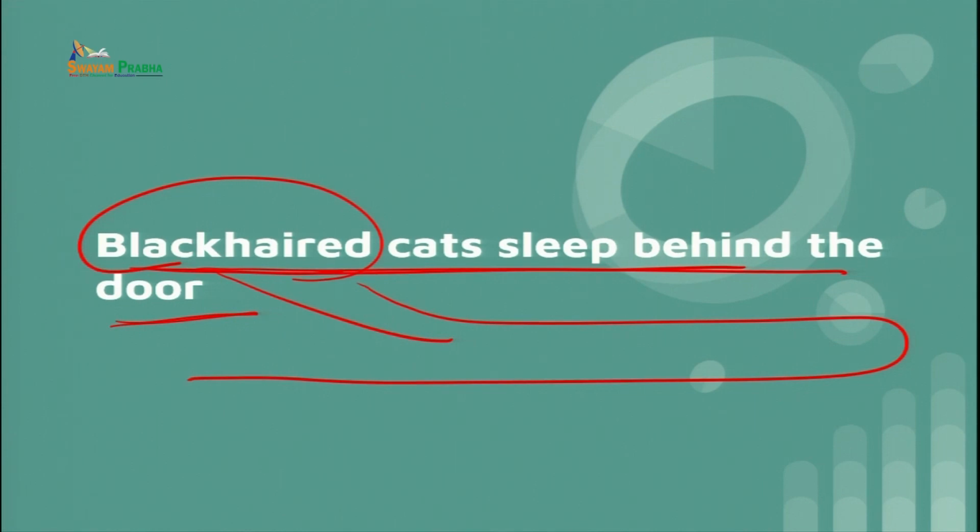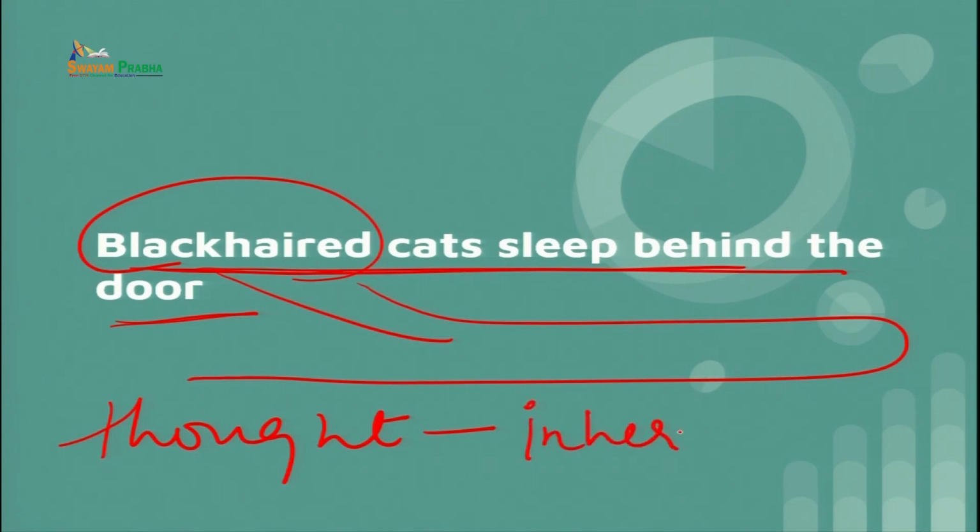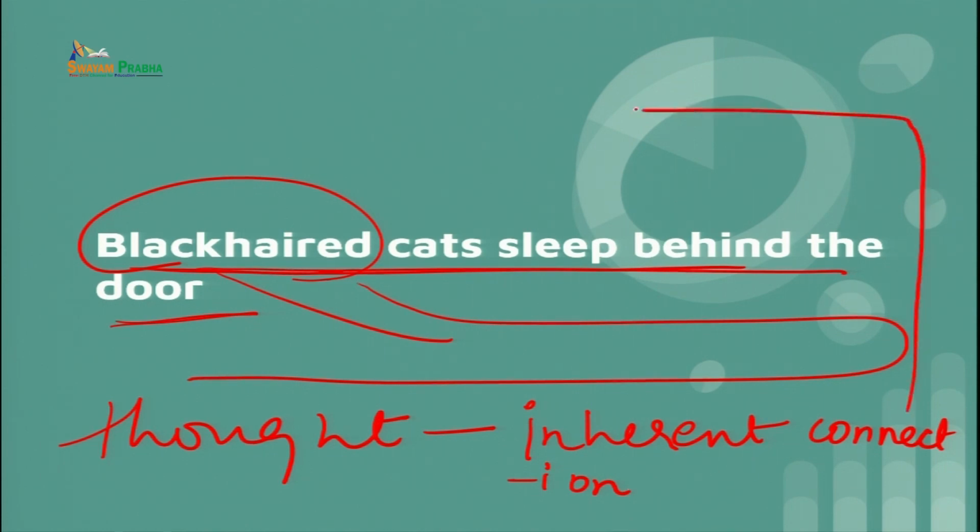Okay. So, language is a system of thought. It consists of inherent connections, and this inherent connection comes in two ways.